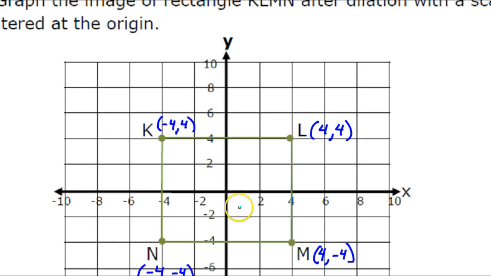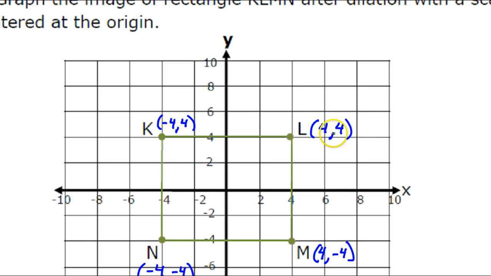For example, if I multiply these by 2, that's going to be 8, 8. So that's going to be right here. This will be L prime at 8, 8. And it'll be similar for the rest of these. K prime, multiplying these by 2, will give me -8, 8.